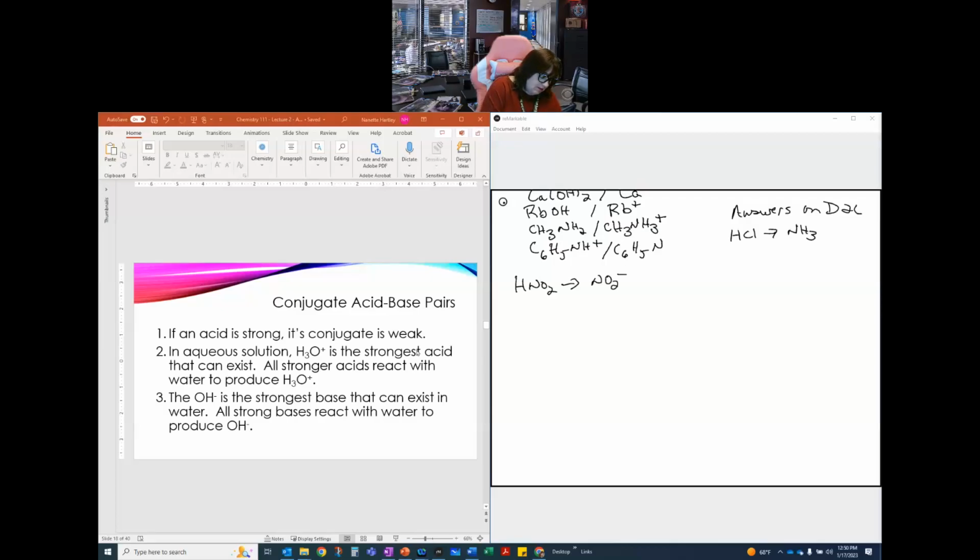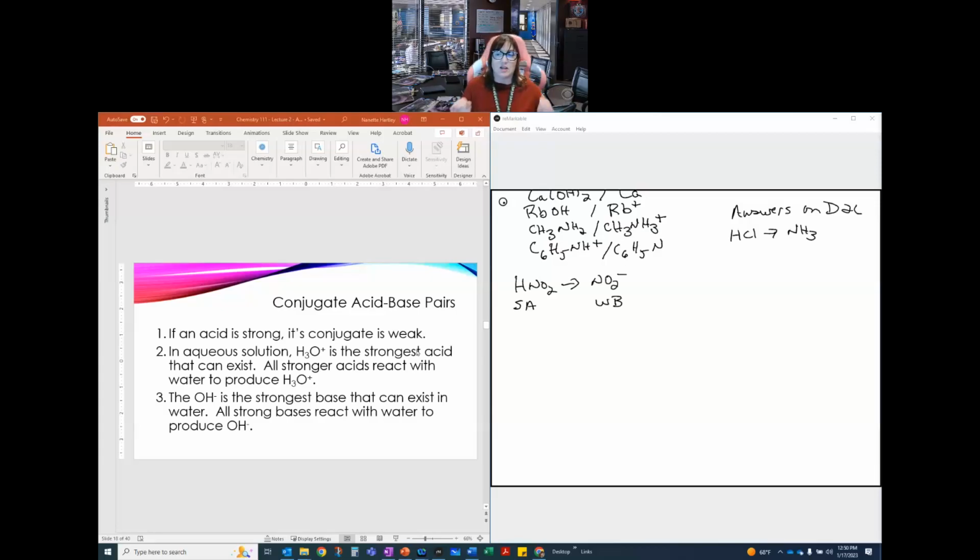So if this is a strong acid, that means that this thing is a weak base. If it's a strong acid, it's very favorable for it to give up that H+. It doesn't want it back. So if that's the case, then my NO2 minus is not going to have a lot of affinity for an H+, and therefore we're going to have an HNO2 and an NO2 minus.